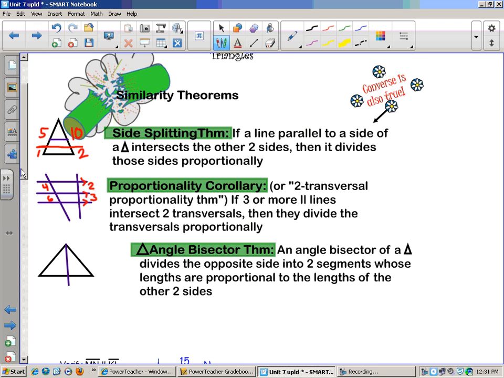So for instance, if this side is 4 feet long and this side is 3 feet long, and this whole side is 14 feet long, then this will split it into 8 and 6. Because these 2 pieces are going to have the same ratio as the 2 sides that weren't split.